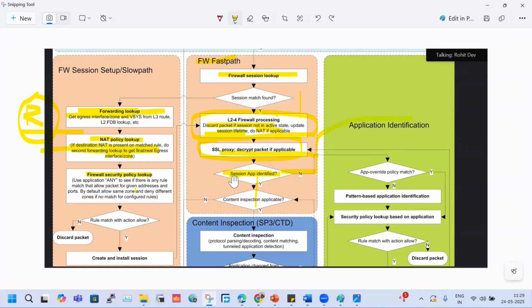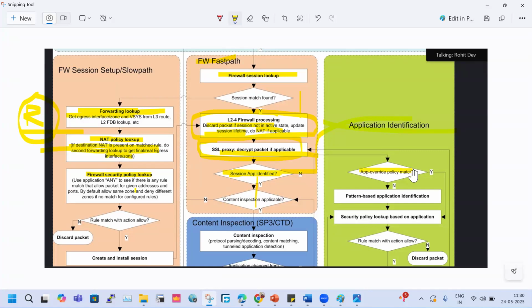See guys, here we have two methods available, right? The session application will be checked in your fast path. If your application is not identified in the fast path, then it will go for the application identification process, right? In application identification, first of all, it will look for your application override policy.